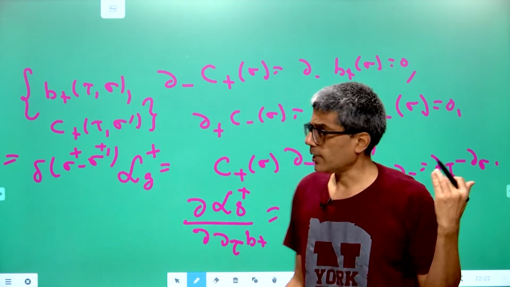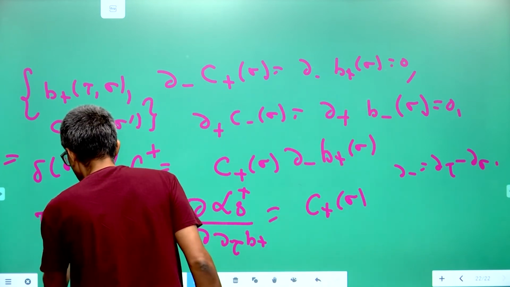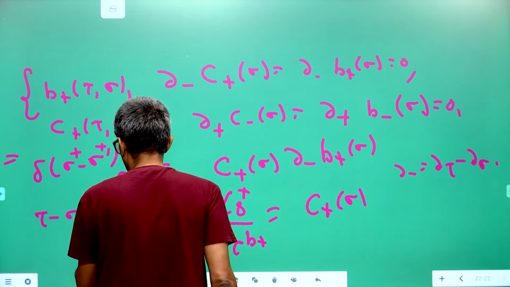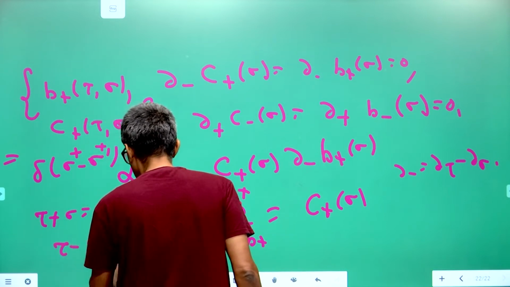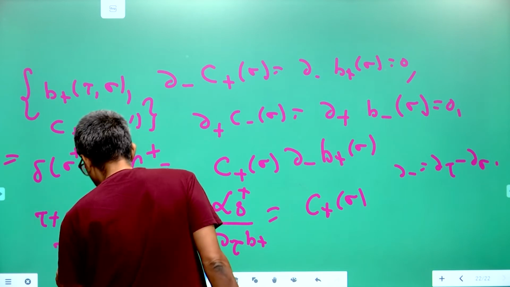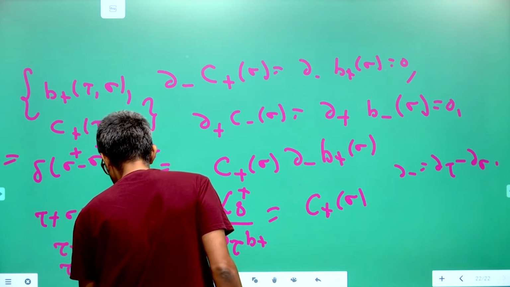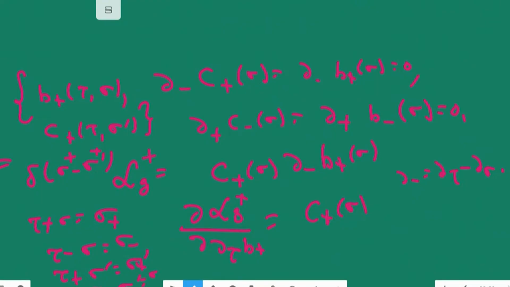At equal time, tau plus sigma is sigma plus and tau minus sigma is sigma minus, and you are taking it at the same time. So tau plus sigma dash is equal to sigma plus dash and tau minus sigma dash is equal to sigma minus dash. So that sigma plus minus sigma plus dash is simply equal to sigma minus sigma dash. So it is a function of sigma plus minus sigma plus dash, and likewise for the negative part. So you get the anti-commutation relation.